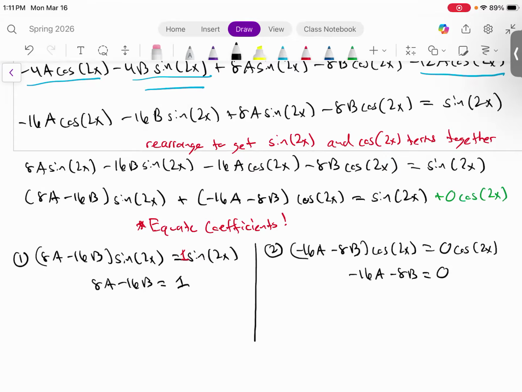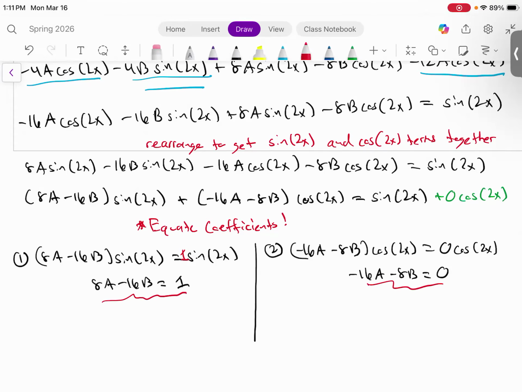All right, so that's how equating coefficients really helps us out here to figure out what a and b are. So we have two equations and two variables, a and b. We can for sure solve for a and b. And it's just a matter of which one we want to work with first. Do we want to work with equation 1 first or equation 2 first? I think I want to work with equation 1 first just because we're not dealing with both negatives.